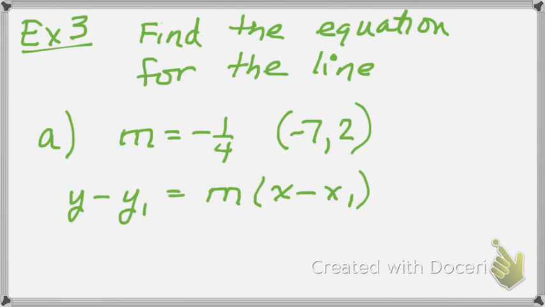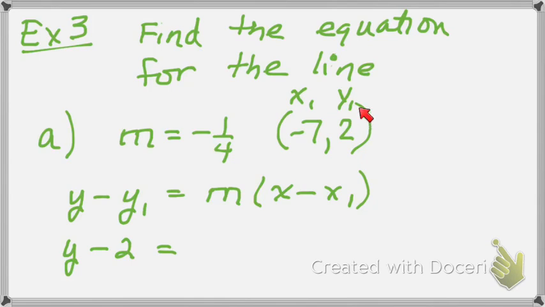And now I want to plug this in for m. And then this is going to be my x1 and my y1. So when you go to plug your numbers in, this is going to mean the opposite of y1. Your y is a +2, so it's going to become a -2.